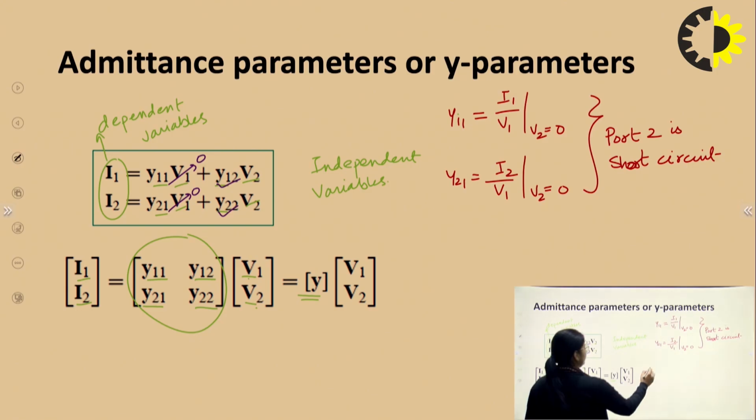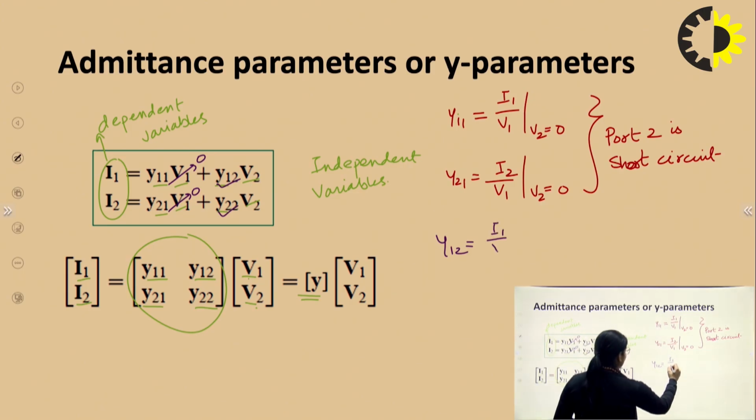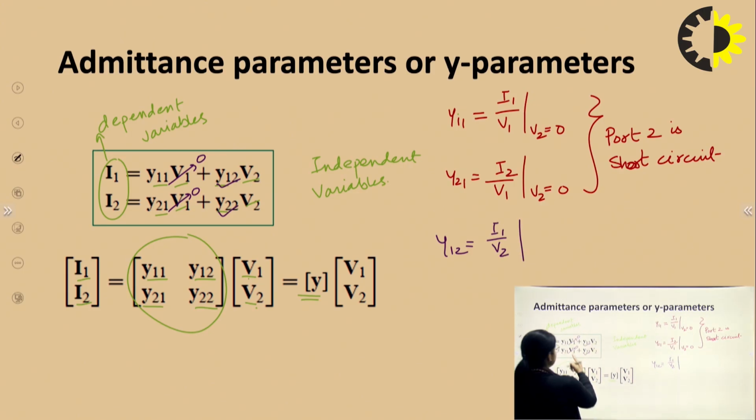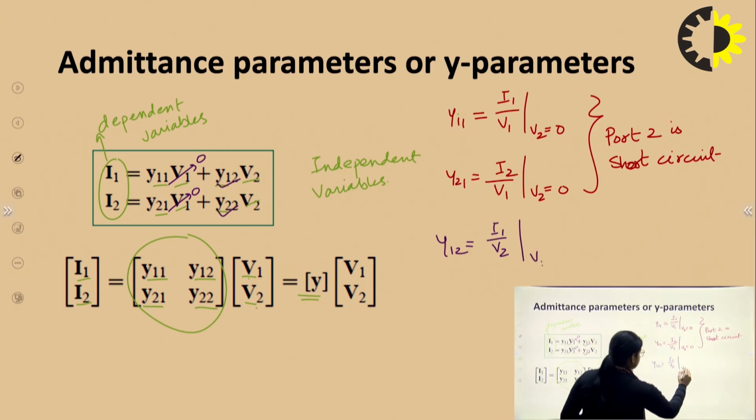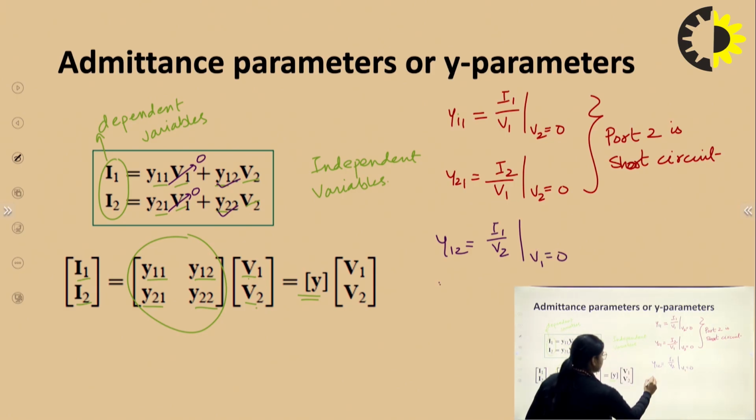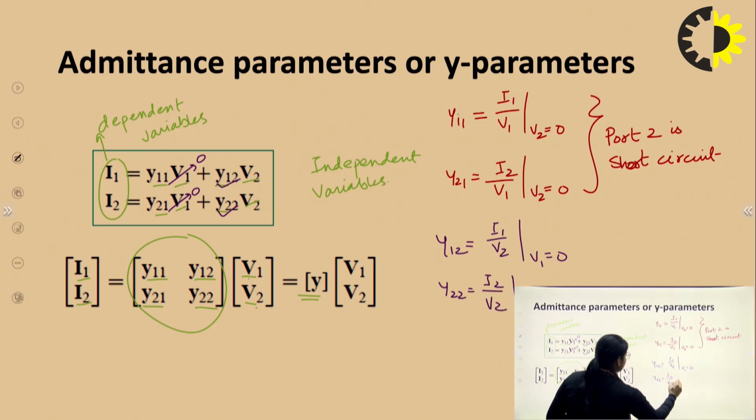So, the value of Y12 is equal to I1 by V2, and the condition is V1 must be equal to 0. Similarly, Y22 is equal to I2 by V2 with the condition V1 is equal to 0.